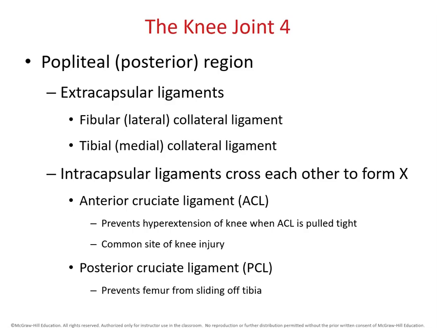There are some other ligaments on the posterior side, so the extracapsular ligaments and the intracapsular ligaments. The intracapsular ACL, you guys are probably familiar with hearing that. It is very commonly injured.